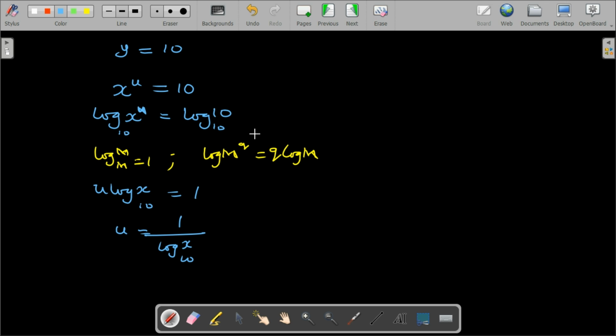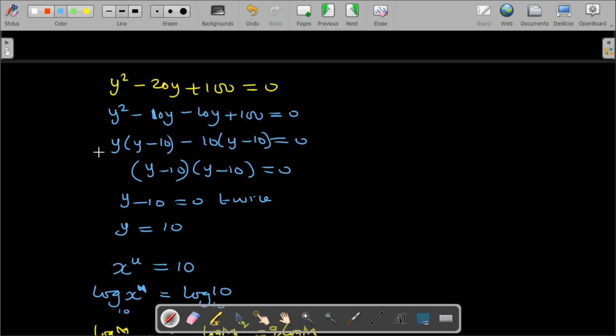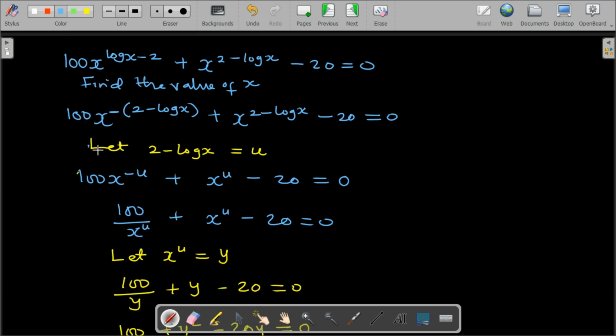Or, instead of this approach, from here it implies that logarithm of x to base 10 is actually 1 over u. And if we go back to our first assumption, we have 2 minus logarithm of x equals u.